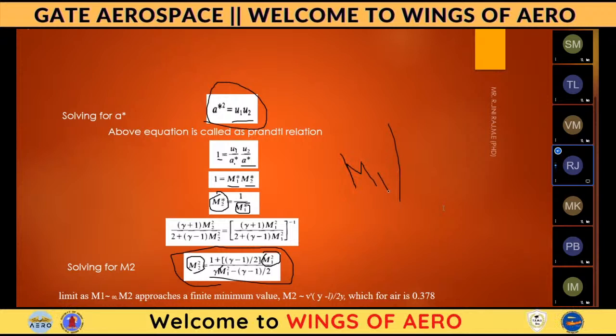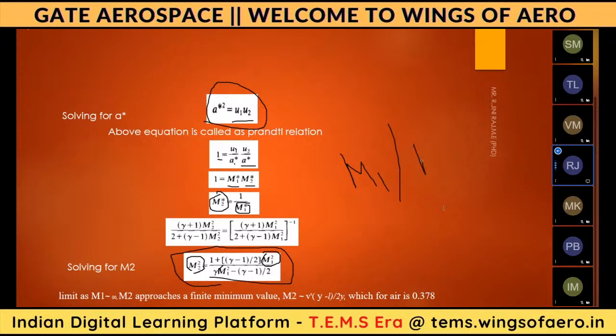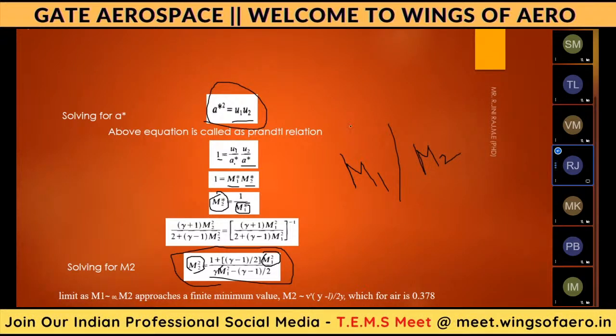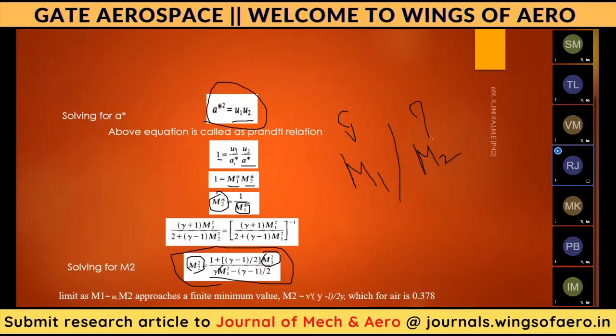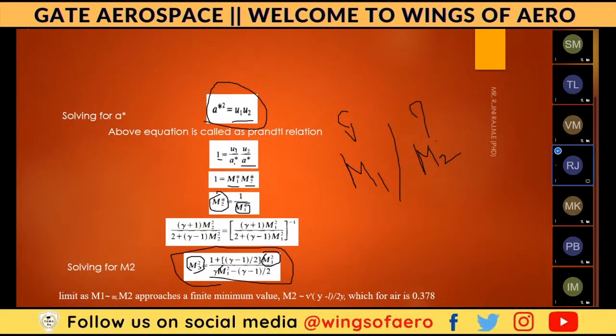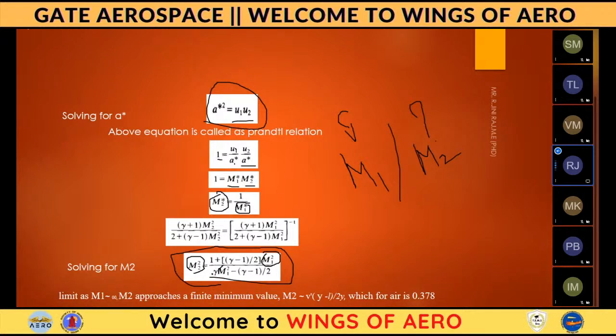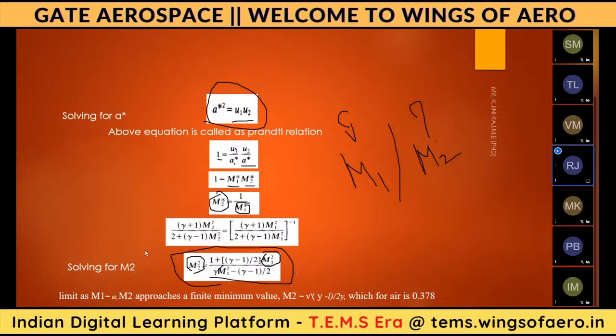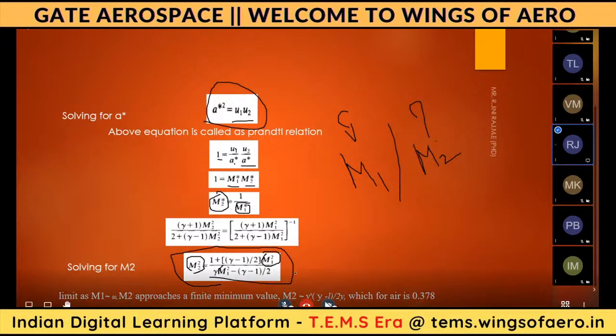This is upstream of the shock, the value is m1. Downstream of the shock, the value is m2. Suppose we know the value of this m1, we can find the unknown Mach number m2 by using this equation. So m2 square equal to 1 plus gamma minus 1 divided by 2 m1 square divided by gamma m1 square minus gamma minus 1 divided by 2.